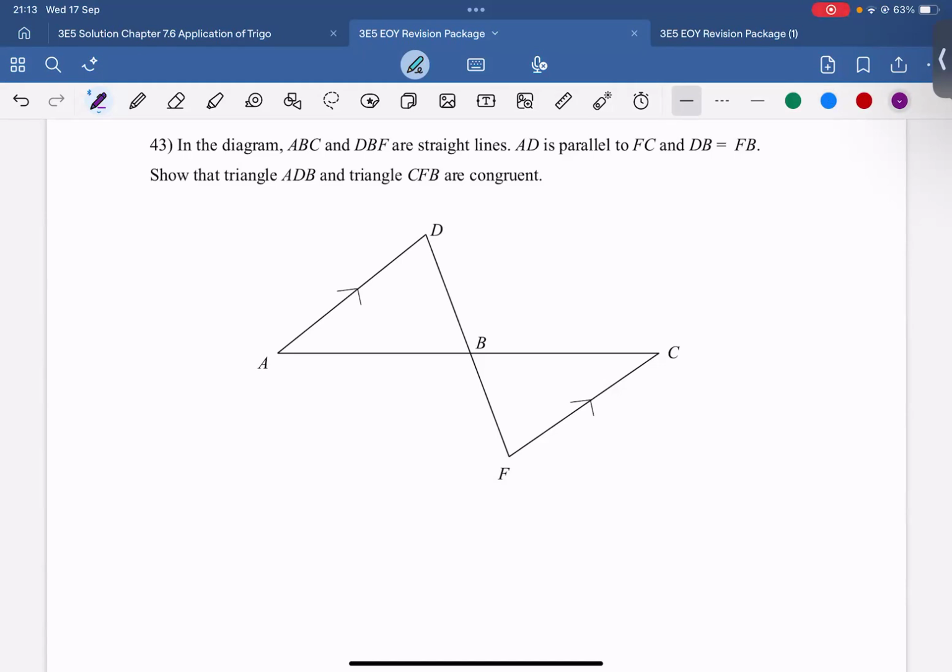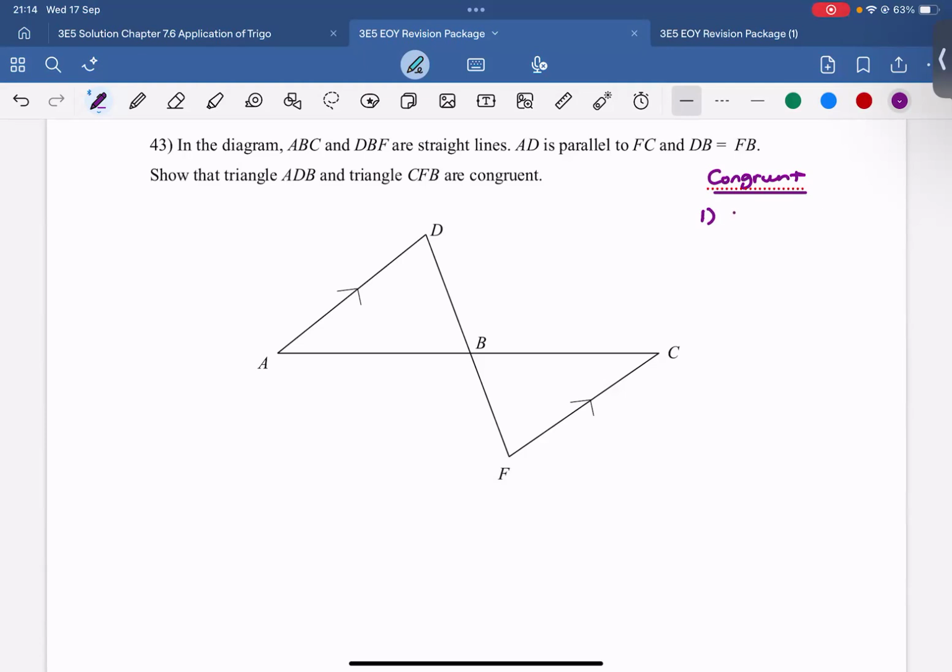Okay, next. To prove congruency, what do we have? A means all three angles are the same. Can it be similar or not?